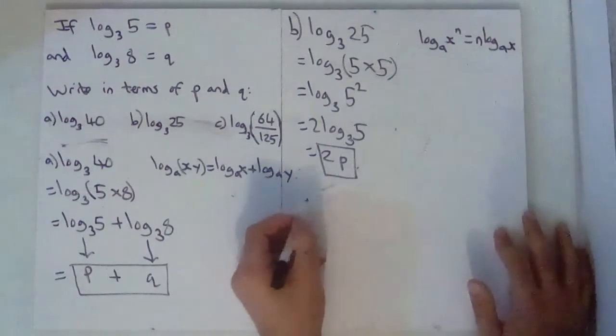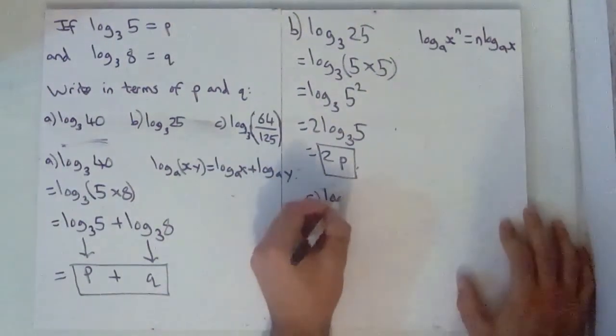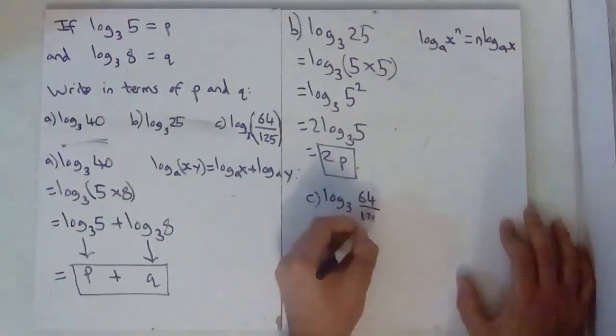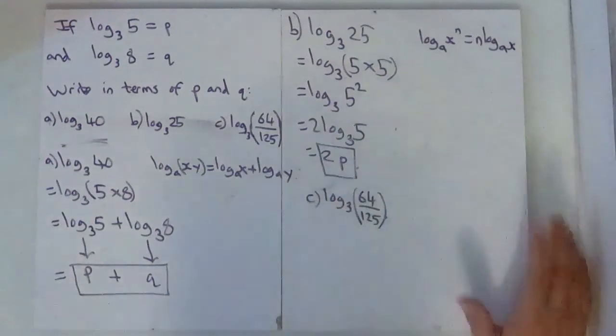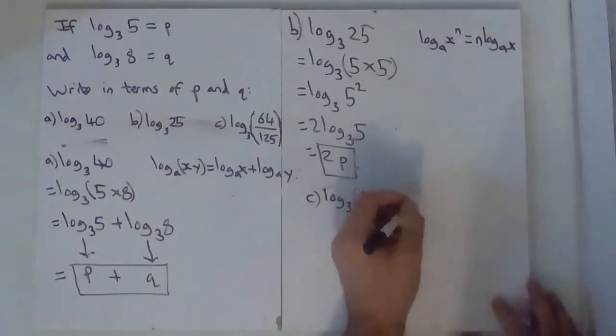Part C. So here we have log base 3 of 64 over 125. So the fact that it's a division probably means we're going to use the second law of logs, I would guess. So I'll probably just write this down.